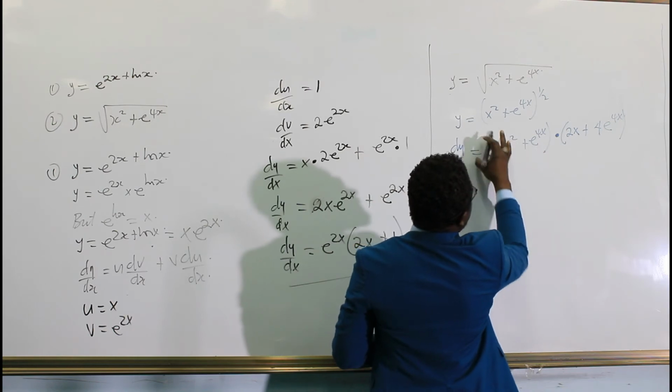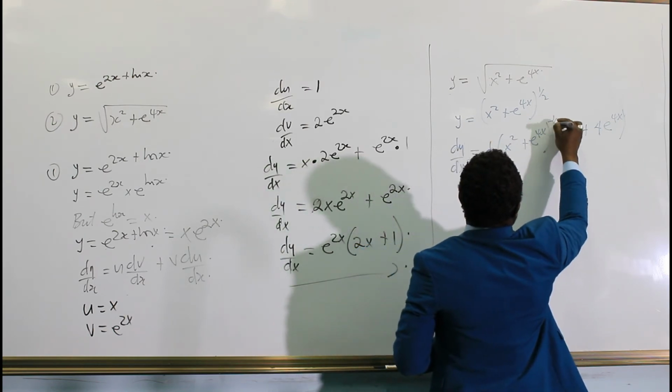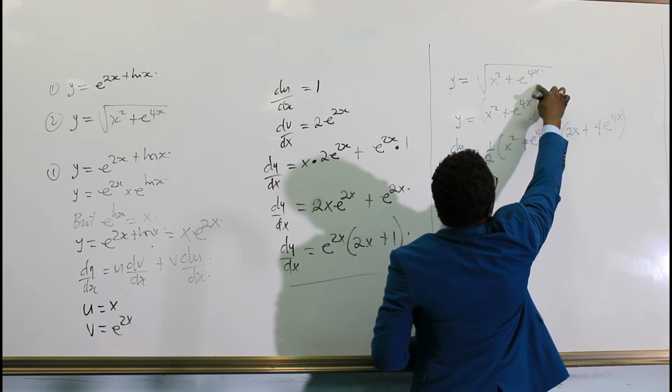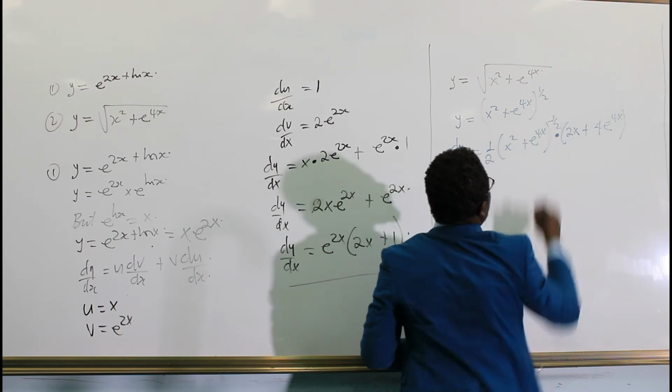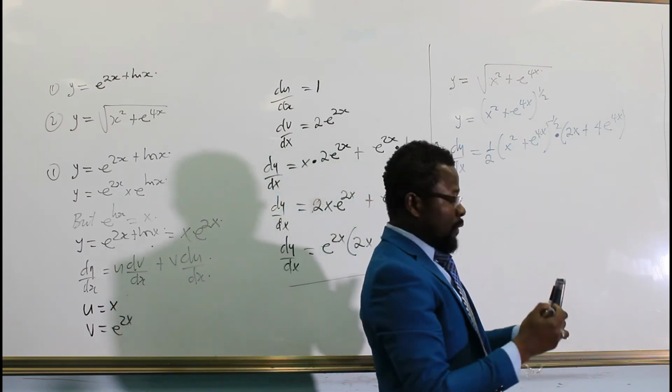When we differentiated the whole function, the power becomes 1/2 minus 1, which gives an exponent of negative 1/2.